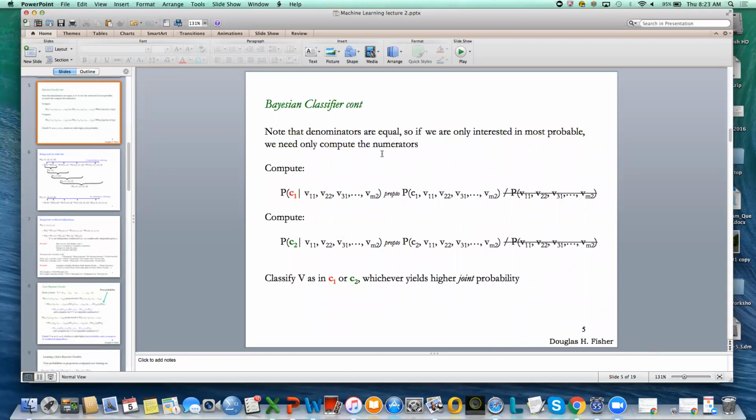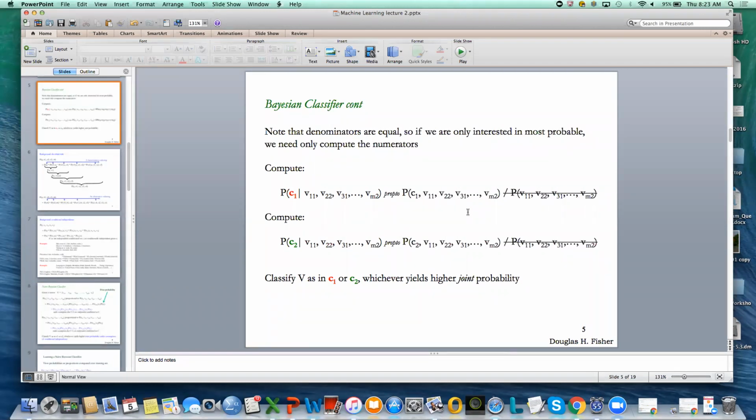So let's continue with the Bayesian classifier. In this case, these are the conditional probabilities that we were just talking about. And if I include that crossed out denominator, this is the exact value for that conditional probability.